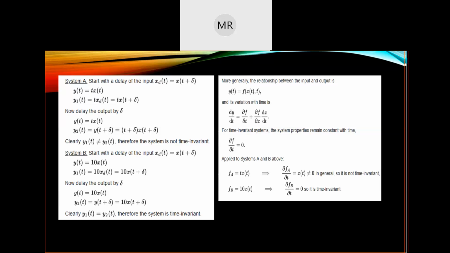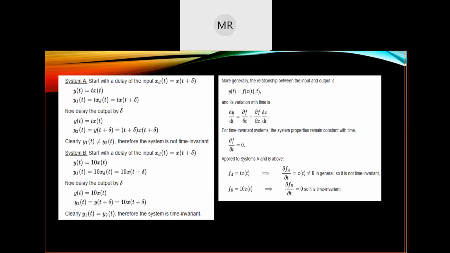The t does not become t + d, and y becomes y2 because it is an output delay. The y is permanent and does not change until we put the delay in the input. It is t + d, so y2(t) = (t + d) x(t + d). Clearly, y1(t) is not the same as y2(t). Therefore, the system is not time invariant.